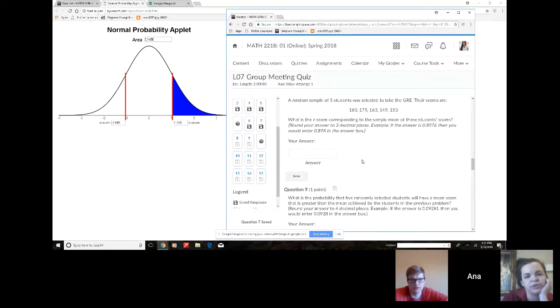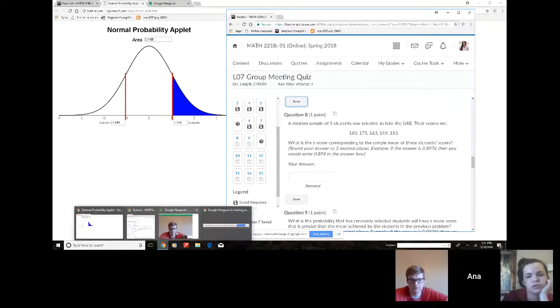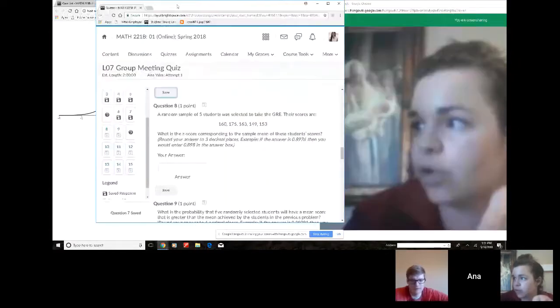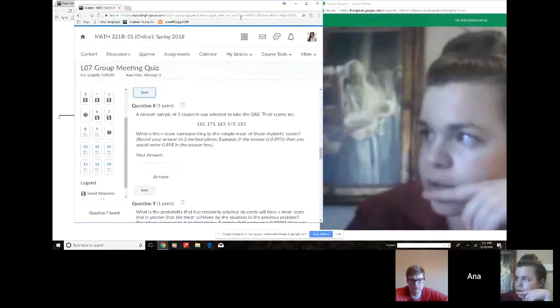I'm trying to remember, don't we add all these up? Yes, that's how you found your sample mean. You take the sample mean and subtract the population mean. Then you divide it by not the population standard deviation.